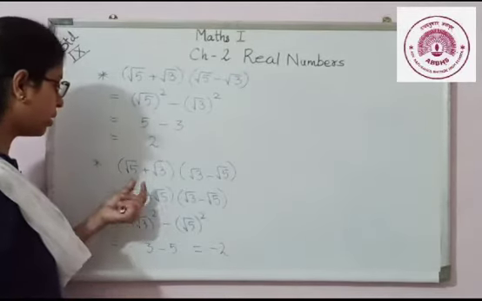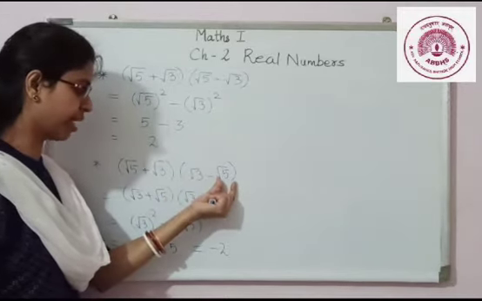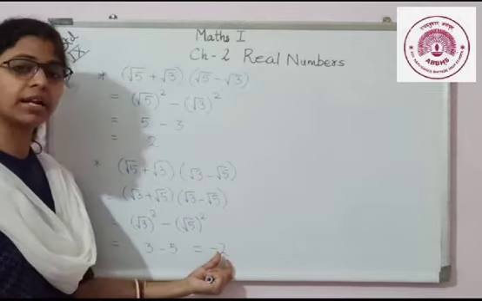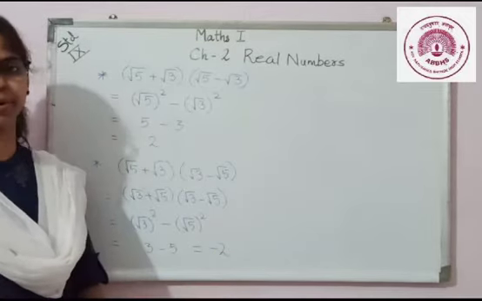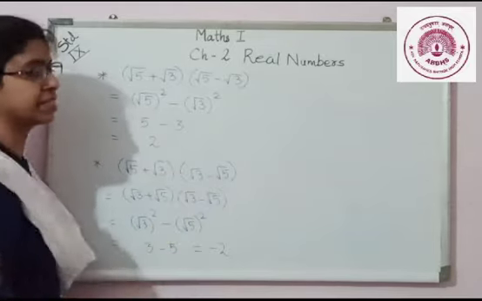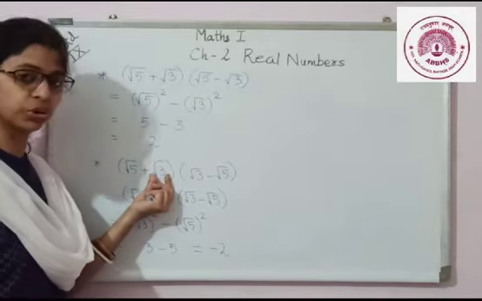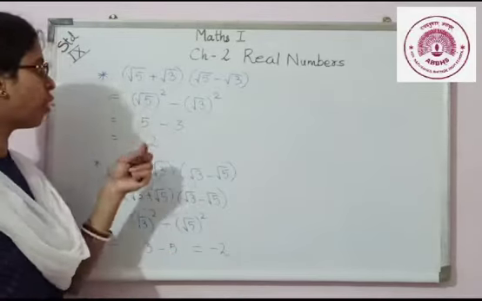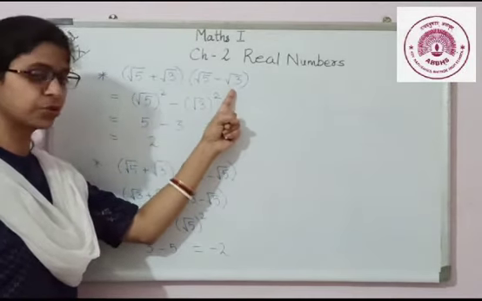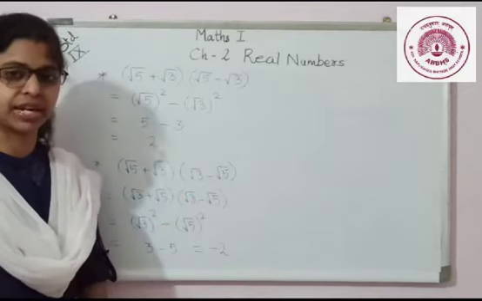Here again root 5 plus root 3 and root 3 minus root 5 are a conjugate pair of each other, as we got a rational number as their product. Also we can say root 3 minus root 5 is a rationalizing factor of root 5 plus root 3. So for root 5 plus root 3, both root 5 minus root 3 and root 3 minus root 5 are rationalizing factors.